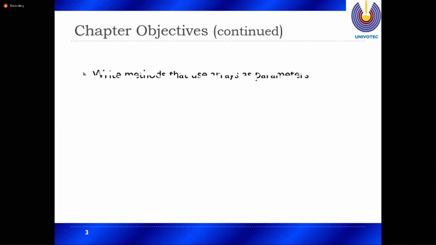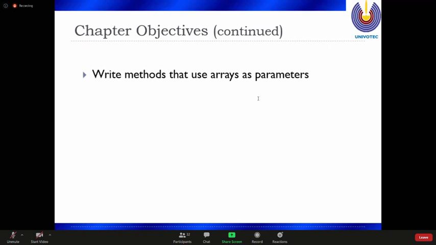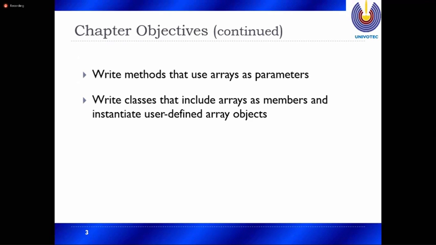Array is a reference type, therefore we can make an array as an object. Write methods that use an array as parameters. Write a class that includes an array as a member and use a defined array object.